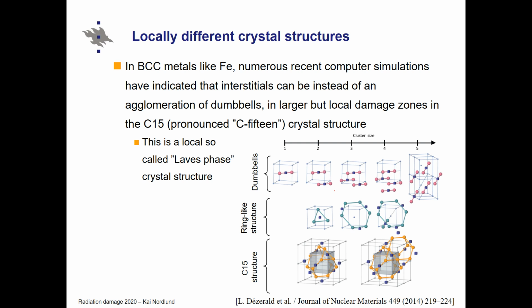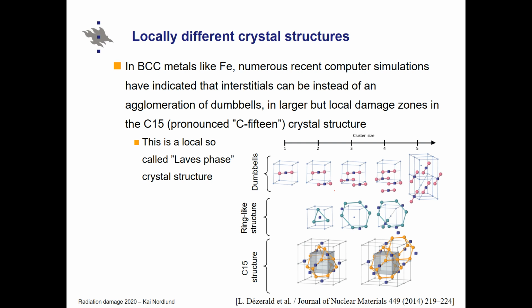However, it turns out that much more complicated crystal structures may actually be more stable than these high energy ones. So here one can get ring-like structure defects, and one can get a new crystalline phase starting to build up instead of these dumbbell structures. And this is the C15 structure, also known as a Laves phase crystal structure.